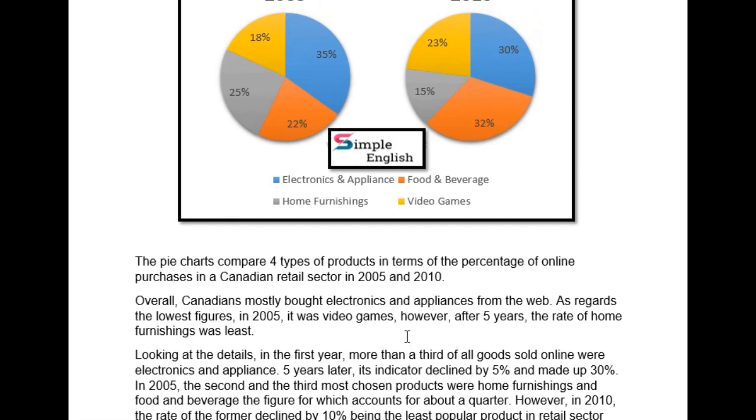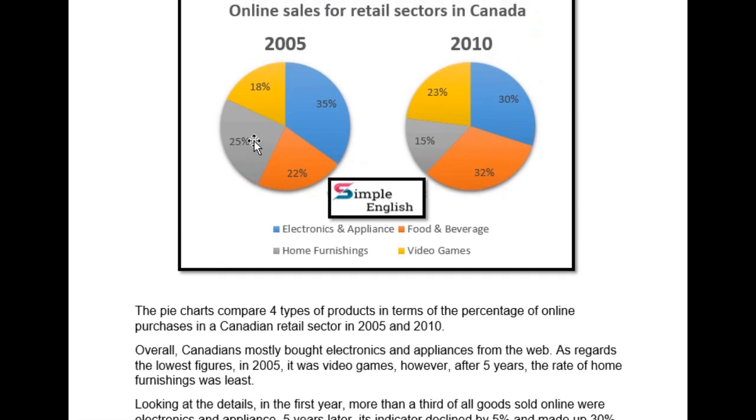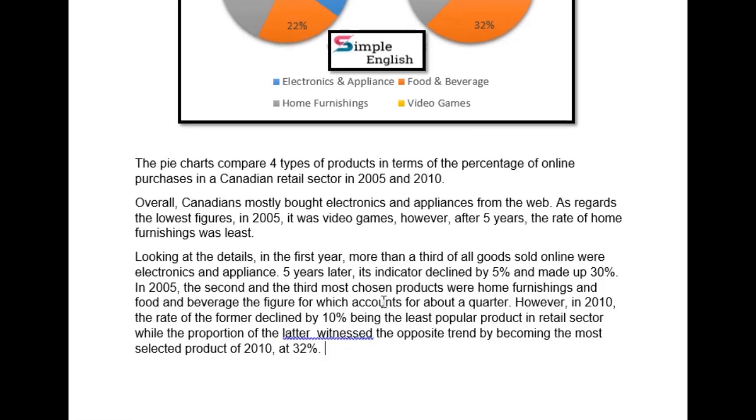That's it, and we have the last figure left, which is video games in 2005 and 2010.